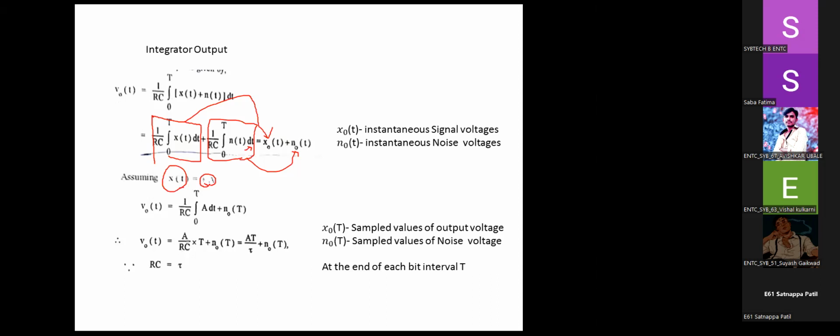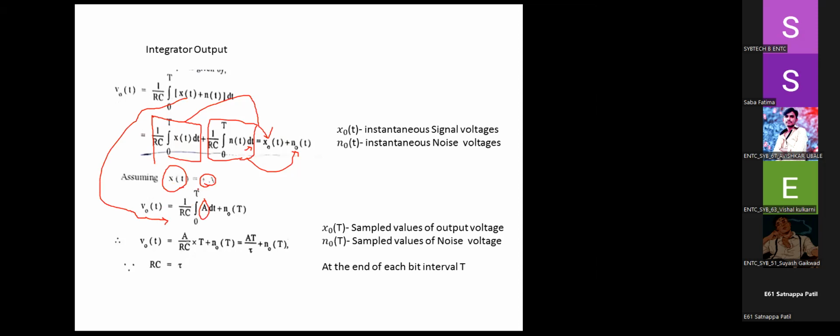We are saying that some information has been delivered. How is information delivered? When we have an amplitude value displayed. If we don't have an amplitude value or voltage displayed, we say there is no information being delivered. So we replace x of t with A in this expression.